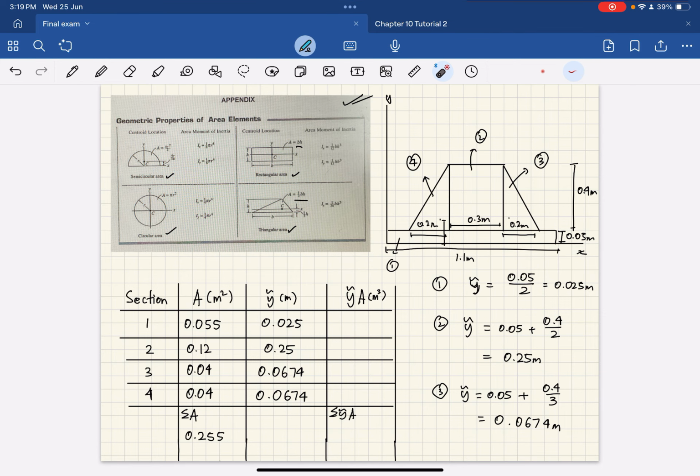Okay, now how to find this y tilde A is very simple. You just multiply these two only. That's it. You just multiply and then you can get the answer pretty easily.